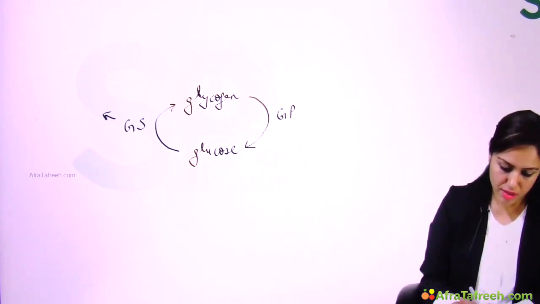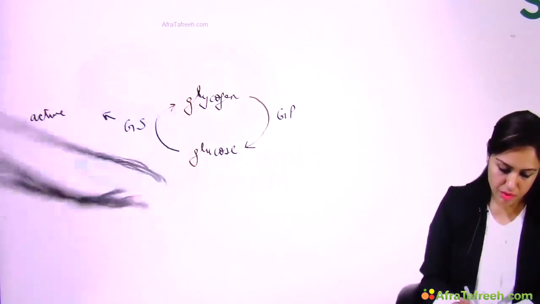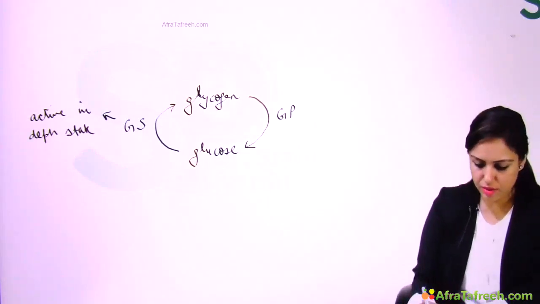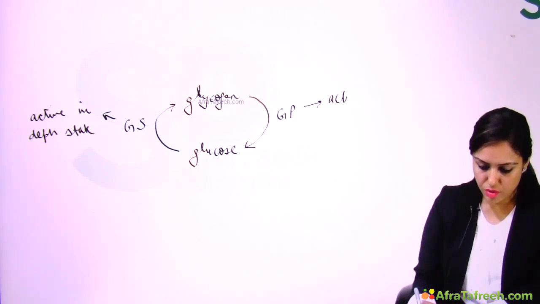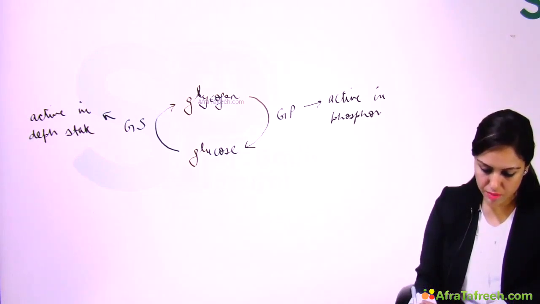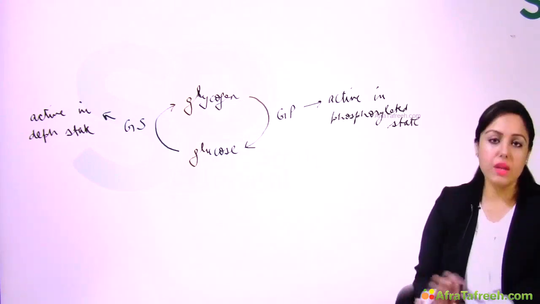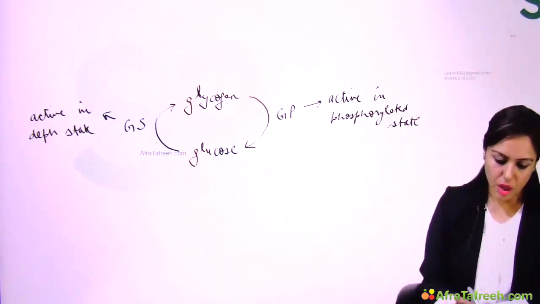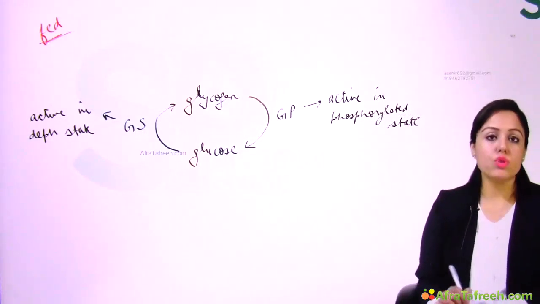Glycogen synthase is anabolic enzyme, so this enzyme is active in dephosphorylated state. Glycogen phosphorylase is catabolic enzyme, so this enzyme is active in phosphorylated state. So similar kind of thing I have already made. Now we will be applying fed situation.